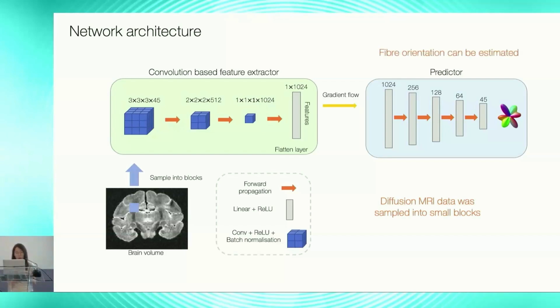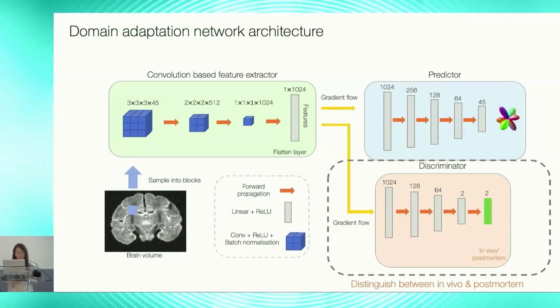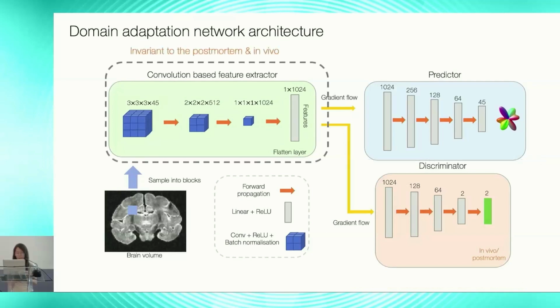And to make it work for the in vivo data, we have an extra component, a discriminator. The discriminator will aim to distinguish between the postmortem and in vivo. And then the feature extractor will try to confuse the discriminator. So this will make the end layer of the feature extractor invariant to postmortem and in vivo data.